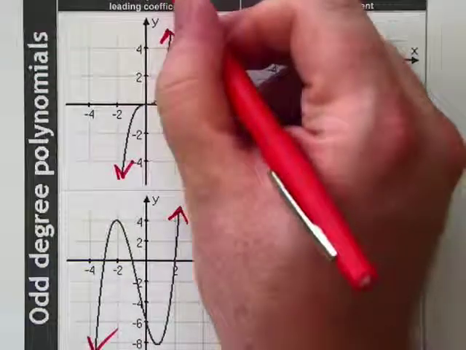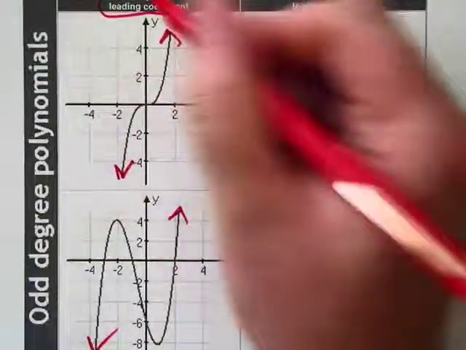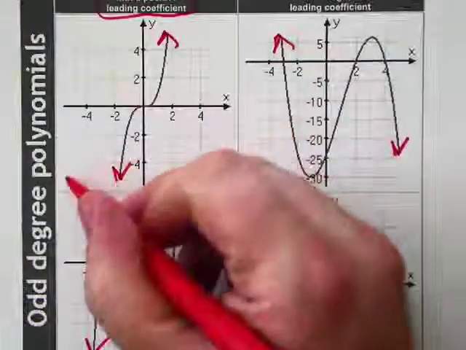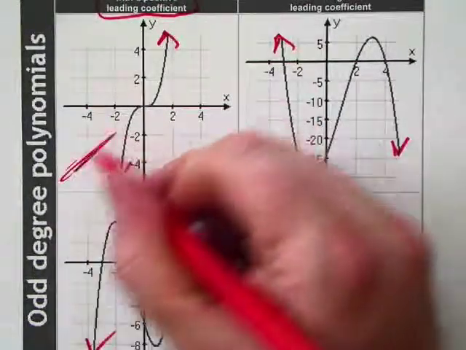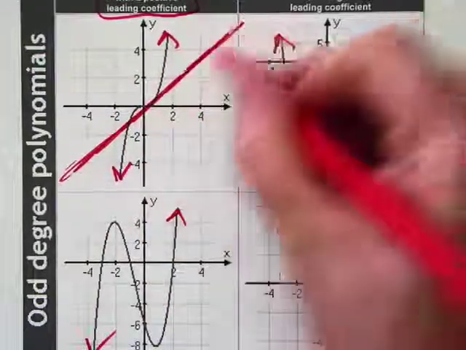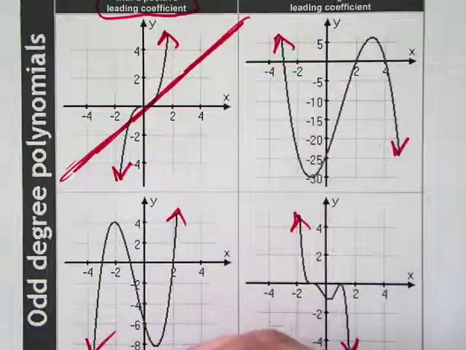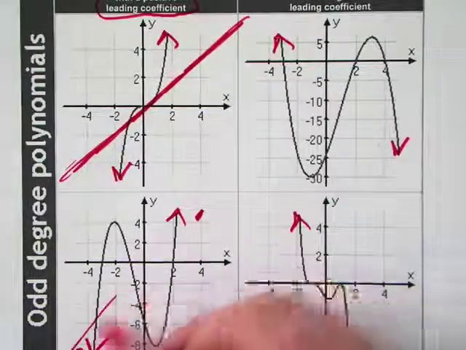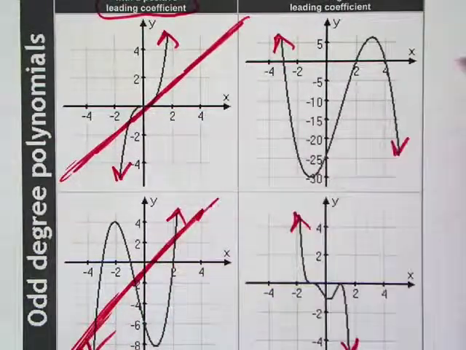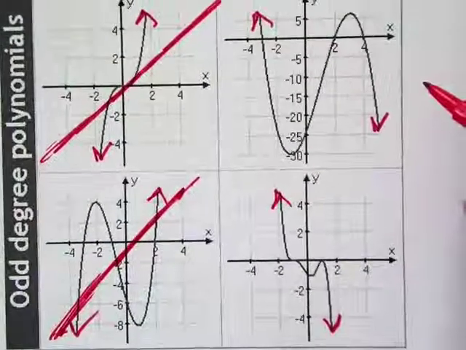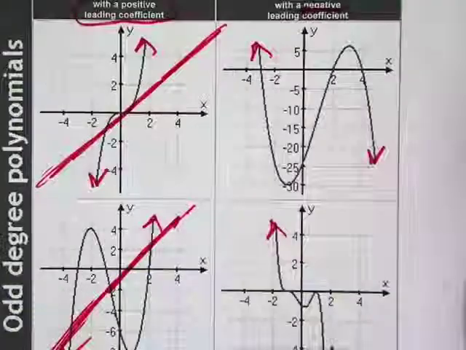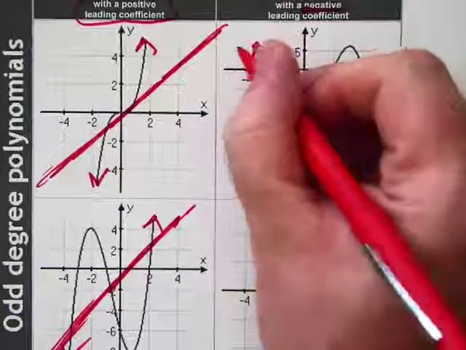Well, if we have a positive leading coefficient, what I do to think about it is think, okay, positive, it's getting bigger, it's going up, it's a positive slope. Okay, same thing here. It starts down here, ends up here somewhere, so it's got a positive slope. Okay? Now, if it's got a negative coefficient, the way I look at it is it's got a negative slope.